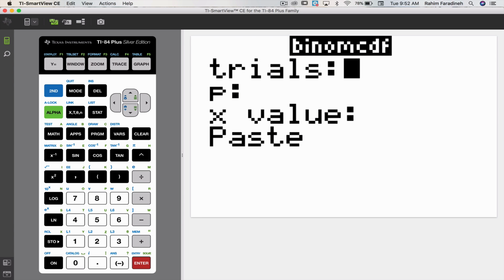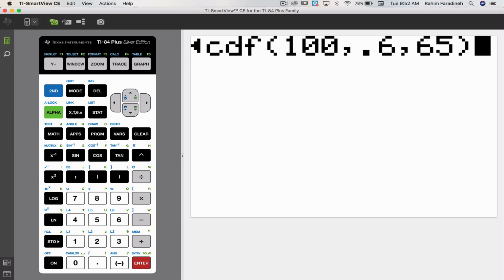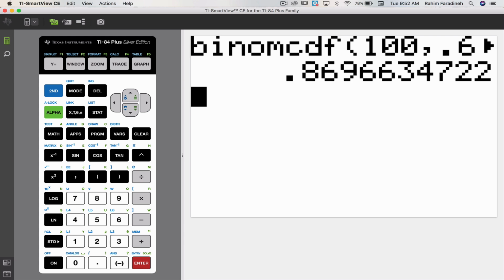My n, the number of trials, is 100. P is equal to 0.6, and x is equal to 65. And hit enter. So the answer here is 0.8697.